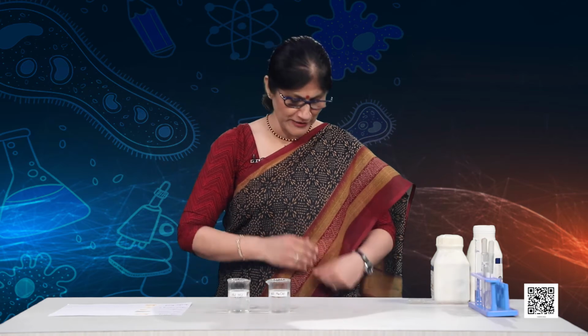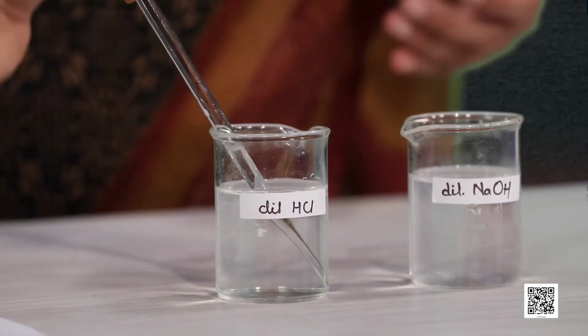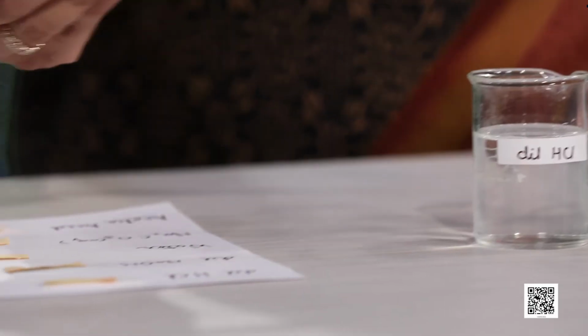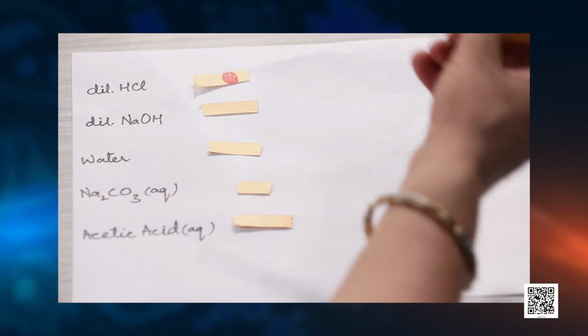You have to always remember to record your observations at the same time. So, I have my solutions and a dropper for HCl and NaOH, and I have my indicators put on this paper, and one by one let me put a drop on each of these.